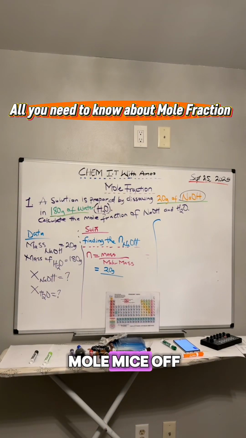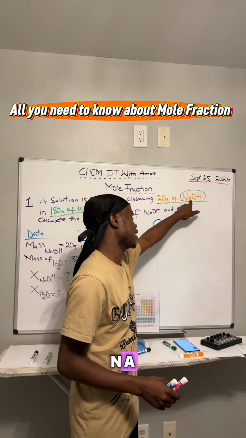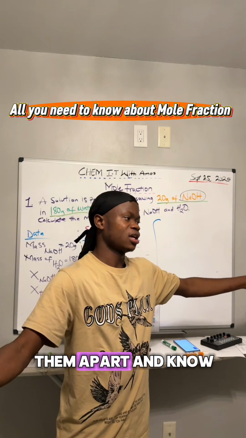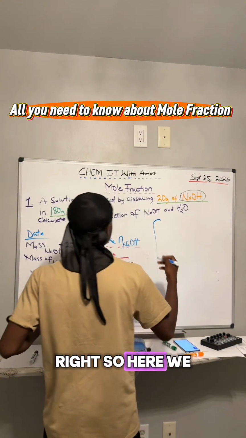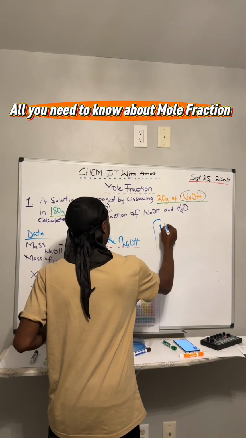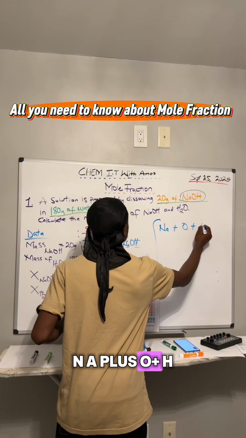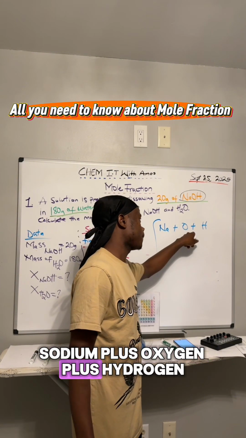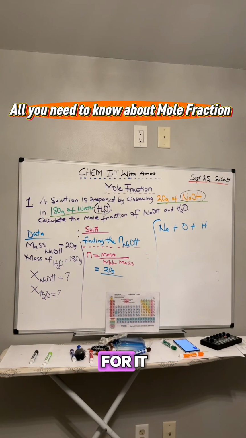So to find the molar mass of sodium hydroxide, like I said, we have 3 elements here: sodium, oxygen, and hydrogen. You should first break them apart and know their mass numbers, right? So here we can say Na plus O plus H, sodium plus oxygen plus hydrogen. We can now put that together to solve for it.